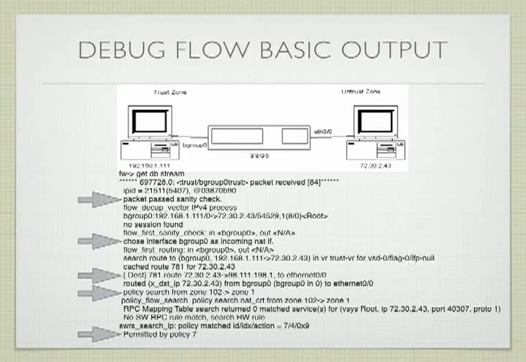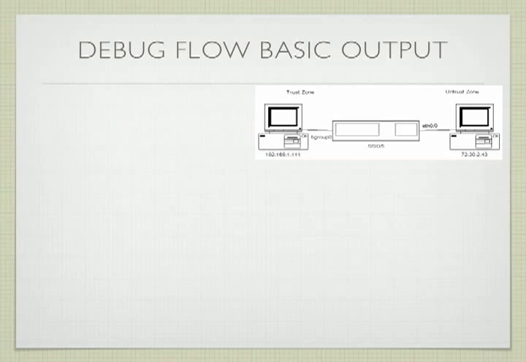So as you read through this, you can see each of the steps of the packet flow process is being hit here, and they're written in this shorthand so that you can see what's happening at each step along the way. So on the next slide, we're going to take a look at the remainder of this output.